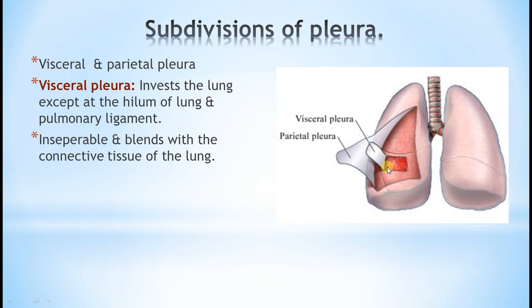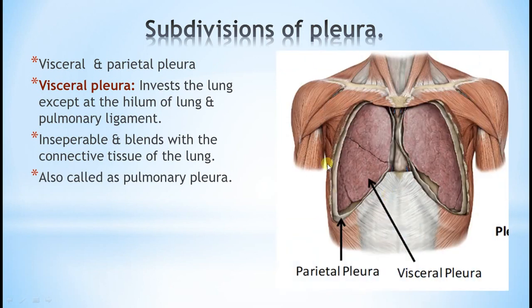Not only that, it also enters into the fissures of the lung, goes inside and lines the fissures. So this visceral pleura is also called the pulmonary pleura. Now you are able to see the lung labeled as visceral pleura, which means you cannot separate this pleura from the lung.